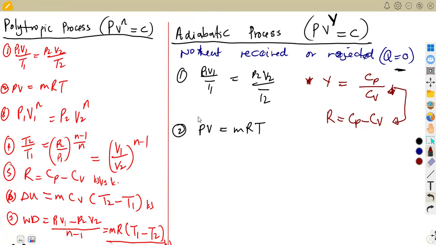So you are supposed to be able to manipulate that. Then this formula can be used, but in terms of gamma. So we can use this as P1 V1 to the exponent of gamma is equal to P2 V2 to the exponent of gamma, which is the same thing also for this one.